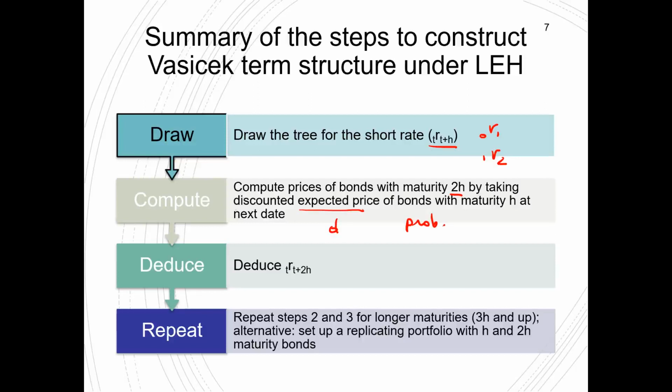And since we deduced here the 0D2, for example, then we deduced the interest rates from the 0D2 prices. Finally, we repeated steps 2 and 3, but now instead of using the discounted expected price, we set up a replicating portfolio where we used the 1-year and the 2-year bond to replicate, in this case, the 3-year bond. Now, if you had 4-year, 5-year, it would be the same methodology.